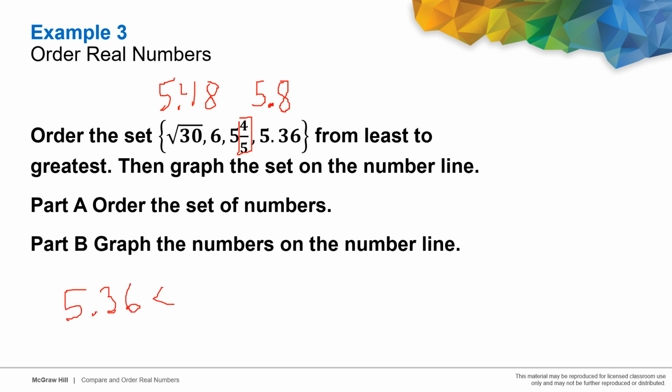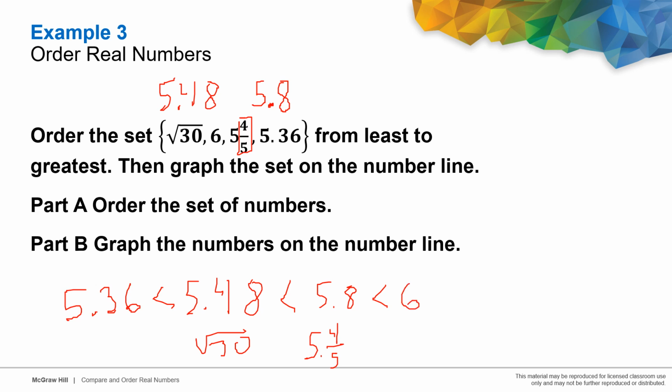And that is going to be less than the next biggest number we have, 5.48, which was the square root of 30, which is less than the next smallest number we have, 5.8, which was our mixed number, 5 4/5. And finally, our largest number is just going to be 6, which was just 6.